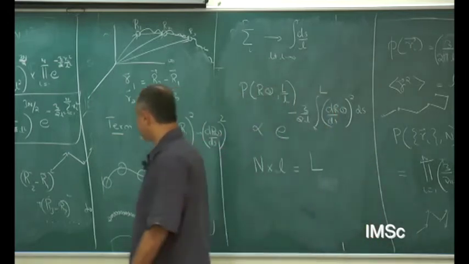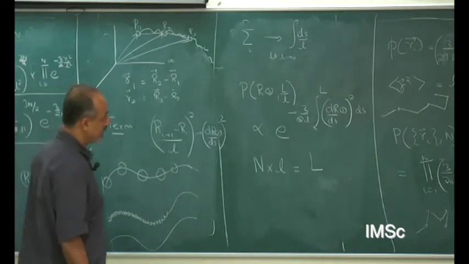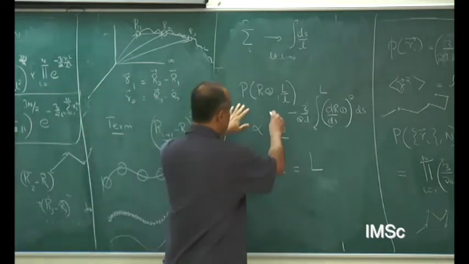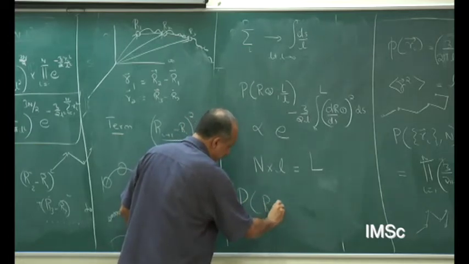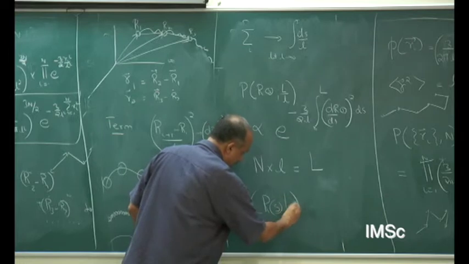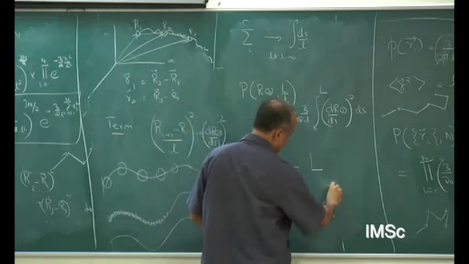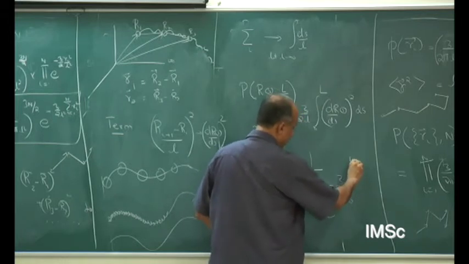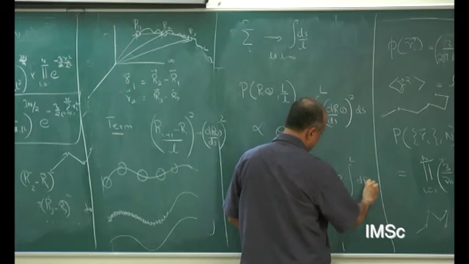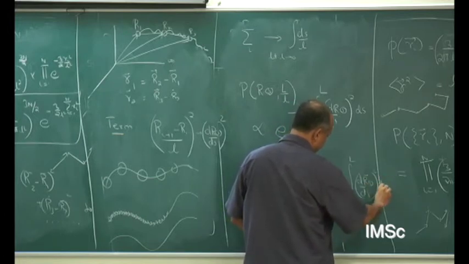But now what you can see is once you go through that algebra, you have been able to write the probability weight for a particular trajectory in a polymer with length L as proportional to exponential of minus 3 divided by twice small l, integral up to that L, dR of S by dS the whole squared times dS.